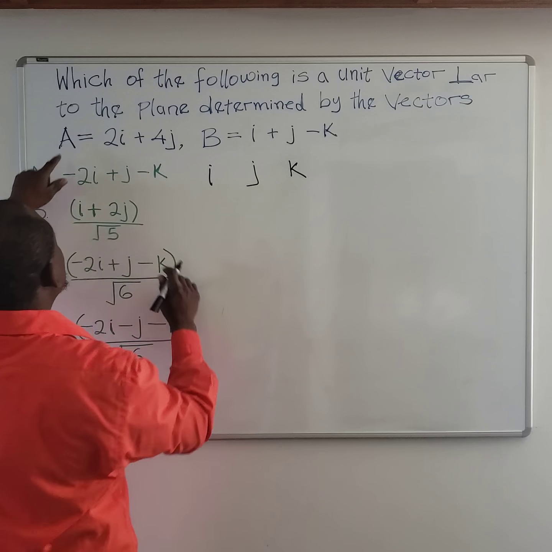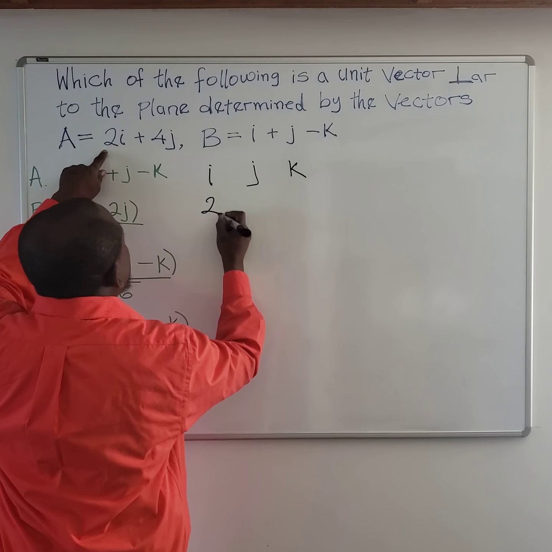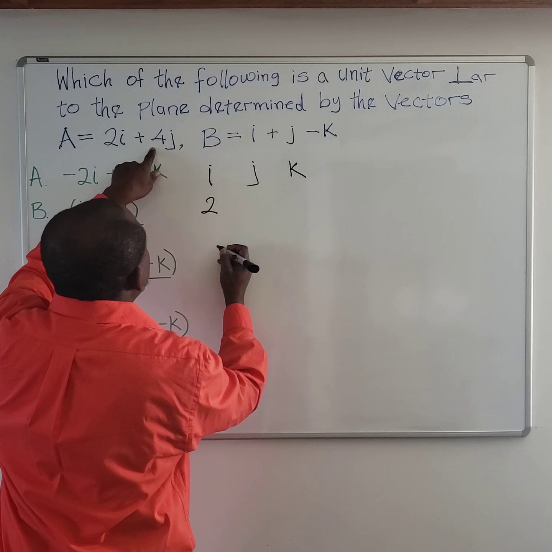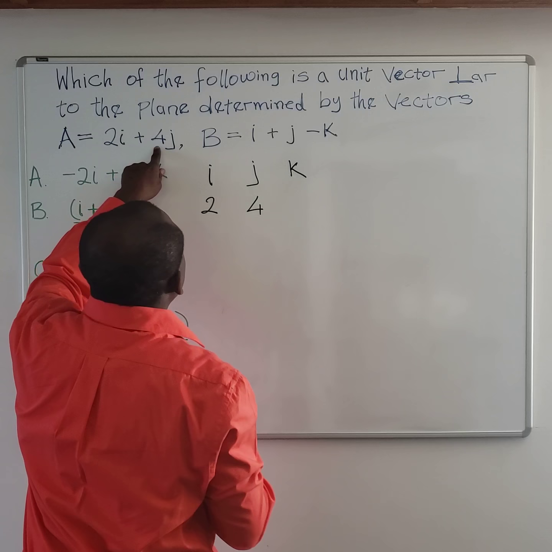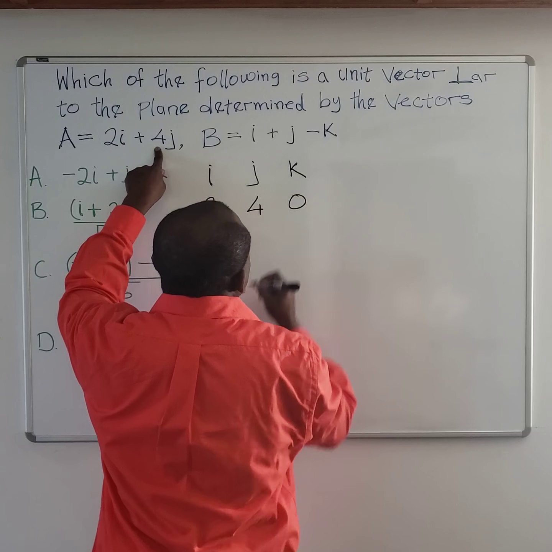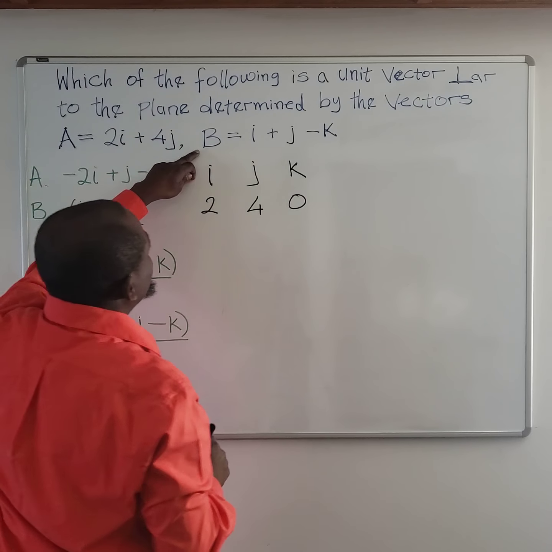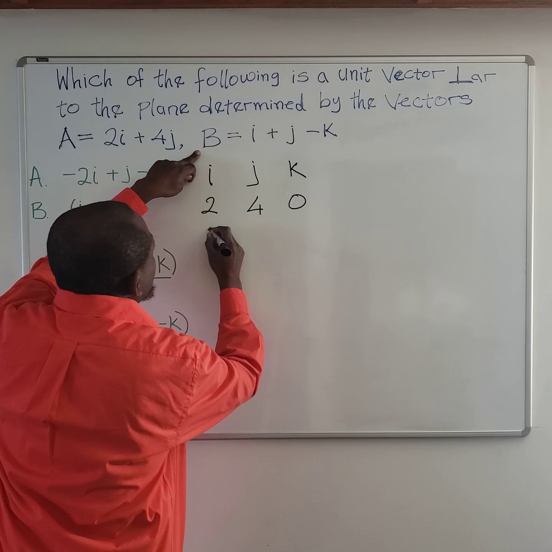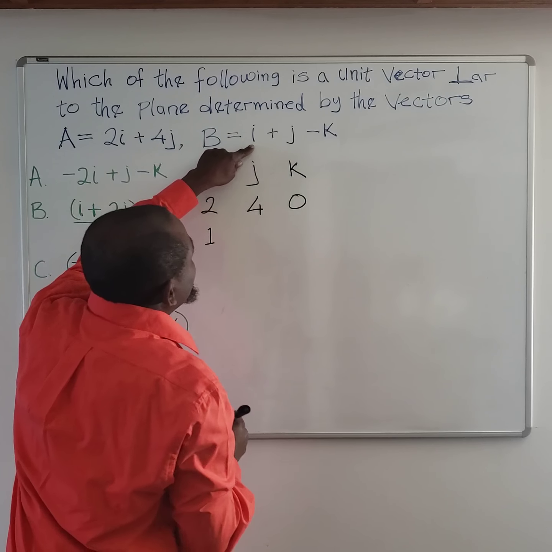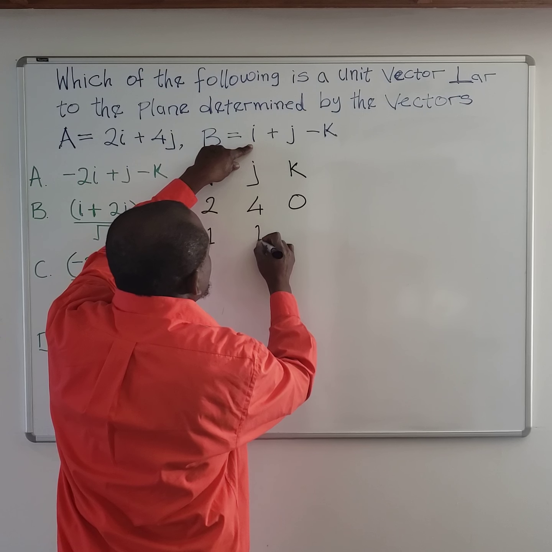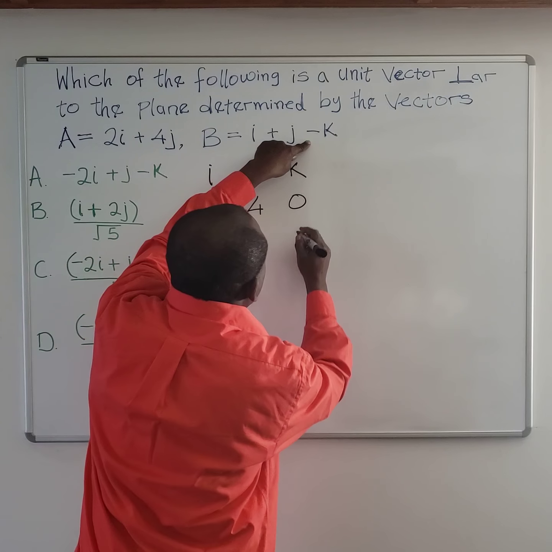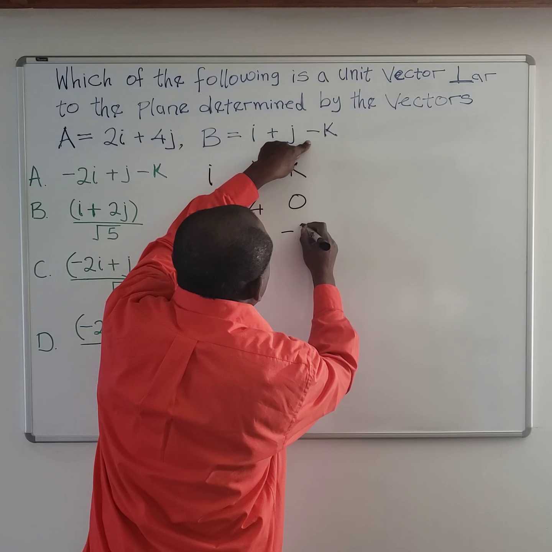Vector A, we have 2i and it's positive, you have 4j and also positive, and you have 0k element. Vector B, you have 1i and it's positive, you have 1j, it's also positive, and you have 1k, but it's negative.